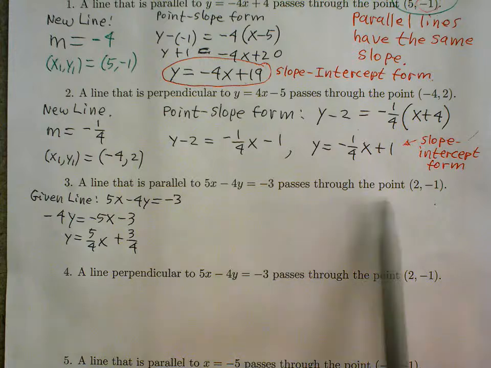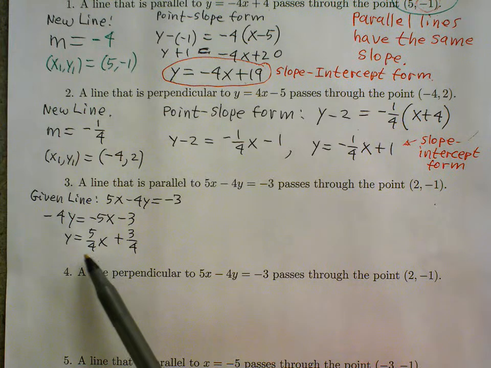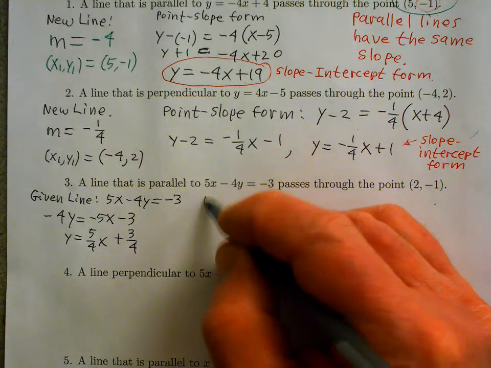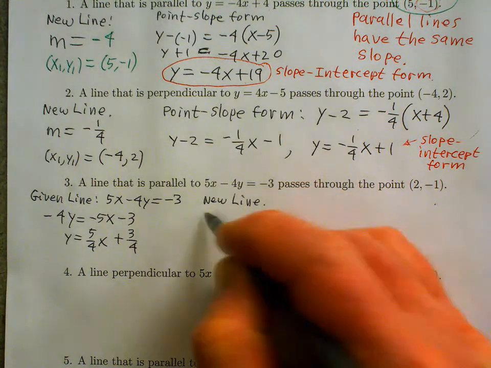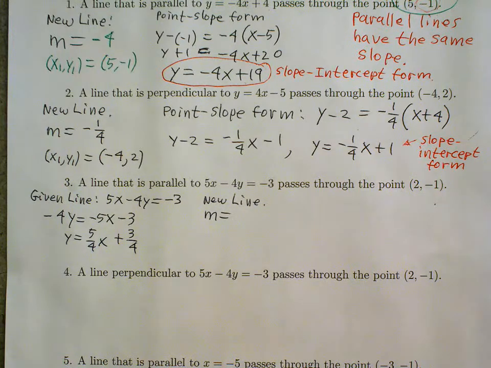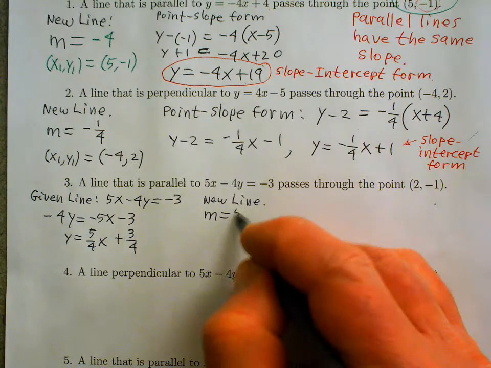Okay, the new line is parallel to this given line. So the new line, we know what its slope is. The slope is the same as the slope of the given line, which is 5/4.